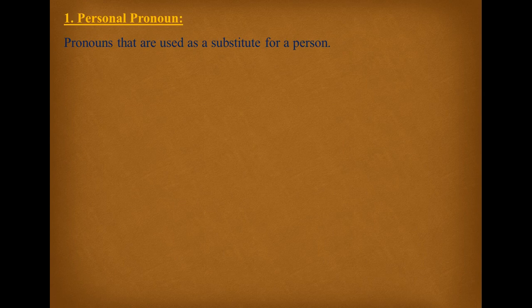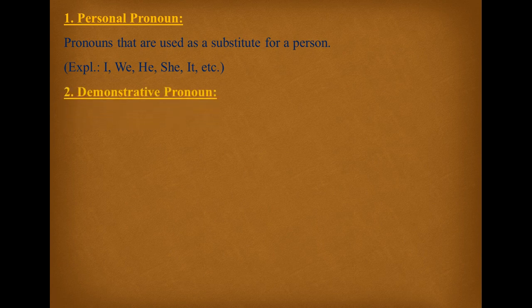For example, I, we, he, she, it, etc. Sometimes you may wonder why I have used it in personal pronoun, because it is used in case of anything or any animal. Remember, when we are a child and have no sense, we are called it. So it is a baby. For this reason, it is used in personal pronoun.